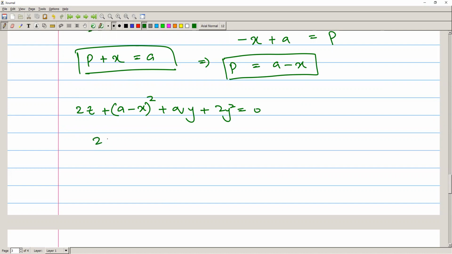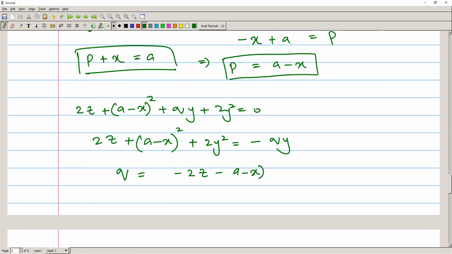So on simplifying this, I need an equation in terms of x, y, and z for q. So I will isolate this q, and I can write it as negative qy, and then q will be equal to negative 2z minus a minus x squared minus 2y squared, whole divided by y.